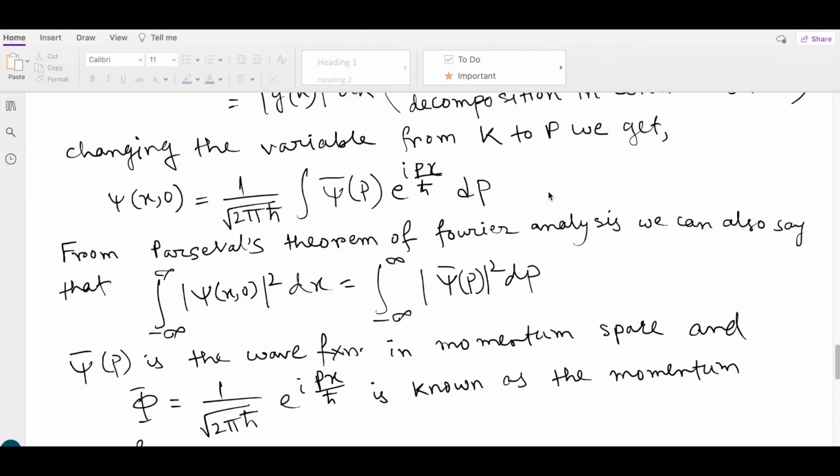And from Parseval's theorem of Fourier analysis, we can say that integral mod psi(x,0) square dx equals integral mod psi bar(p) square dp.